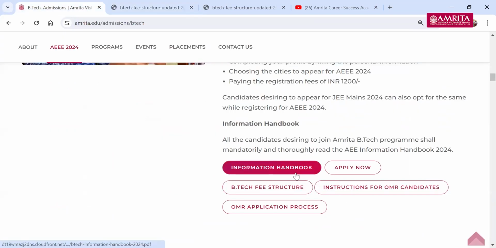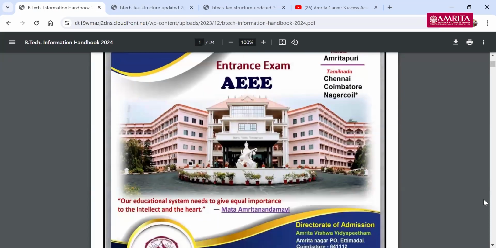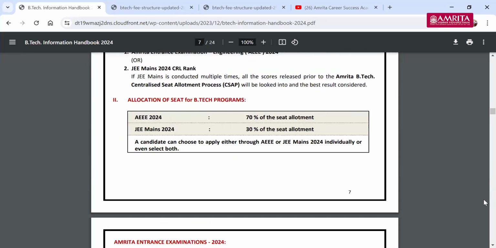Now, there is something called the information handbook. It's a longer document, I agree, but I would request each and every individual to go through all the pages of this document. It contains all the details about the campuses, which branch at which campus, and the allotment. It clearly says 70% of seat allotment is through AEEE rank and 30% is through JEE Mains.